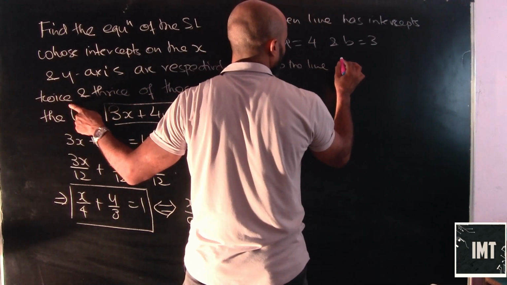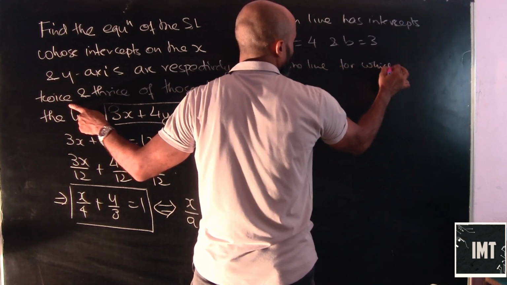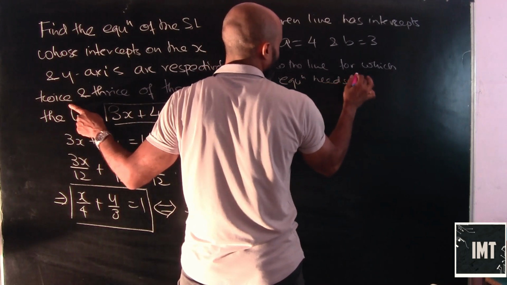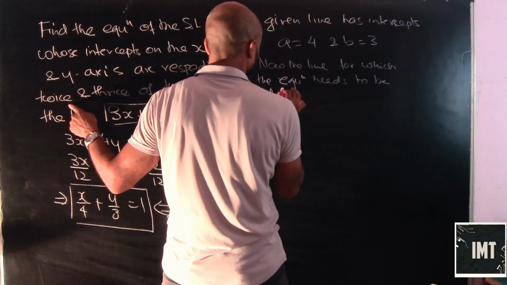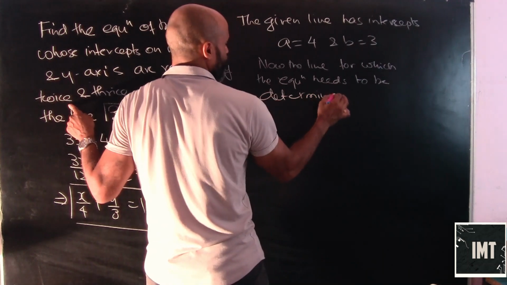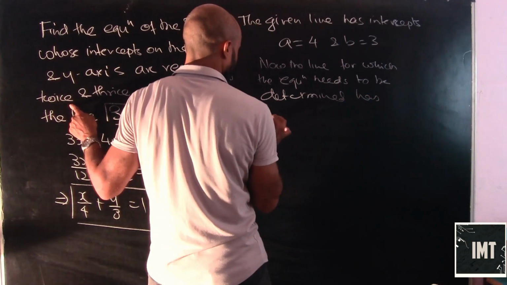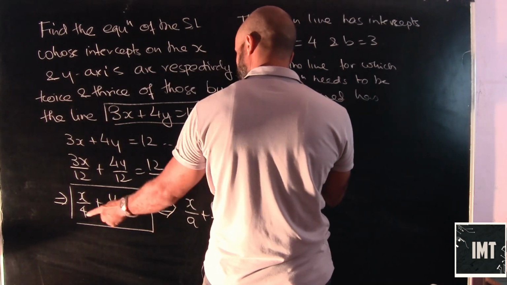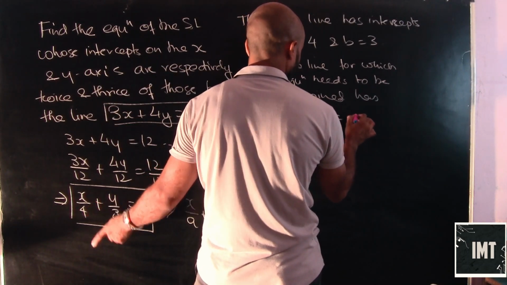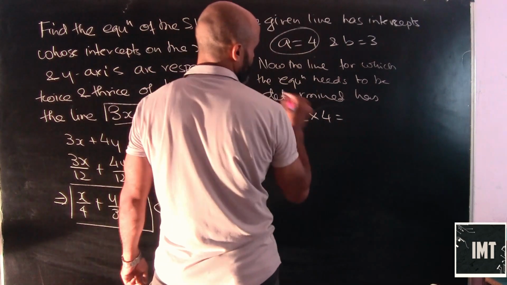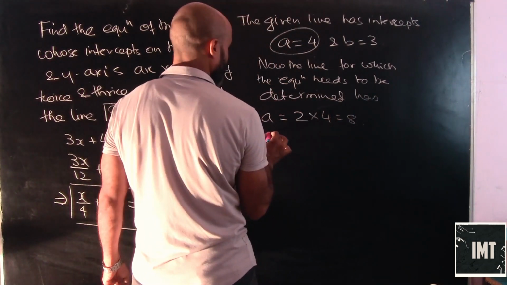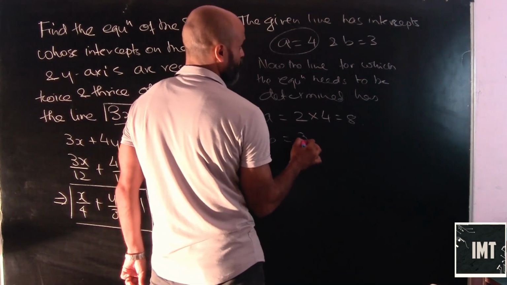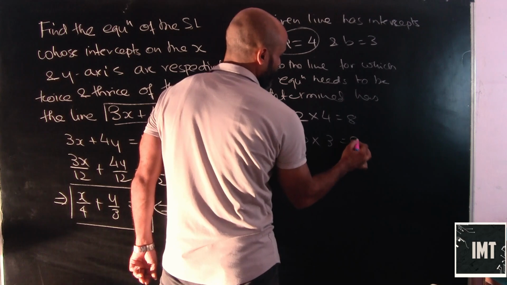The line for which the equation needs to be determined has x intercept a equal to twice of 4, that is 8, and b is equal to thrice of those of the given line, so 3 into 3, that will be 9.